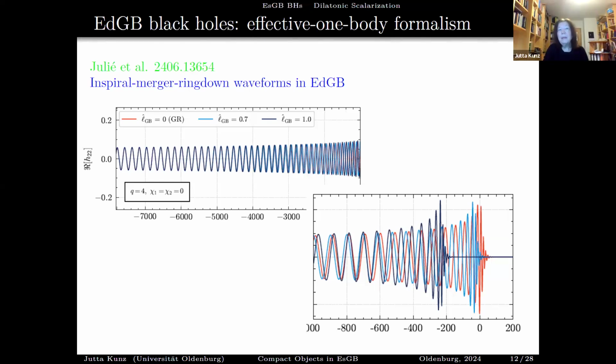These are calculations done by the group in Potsdam. And I don't know the details of the calculations, only what is in their paper, and they don't give, as far as I recall, very detailed explanations on this, but just point out that it's the dipole radiation that shortens the time until the merger, because that's what you don't have otherwise.